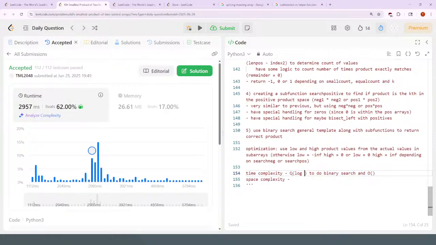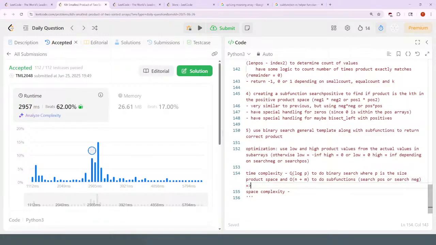Okay, actually it's going to be O of log p to do binary search, where p is the size of the search space, or size of the product space, and O of n plus m to do the subfunctions, the search positive or search negative.